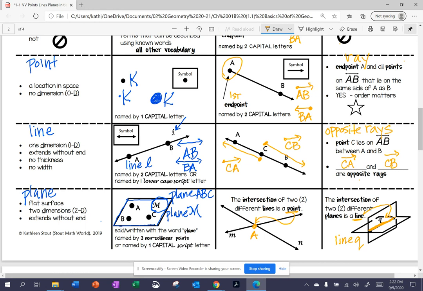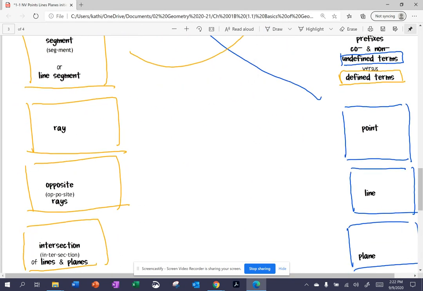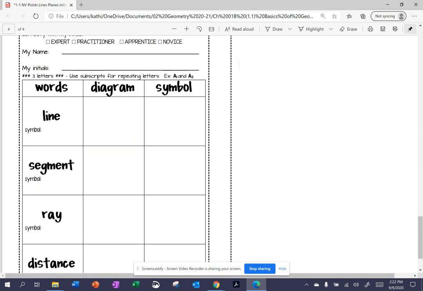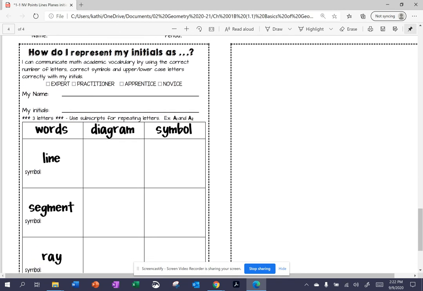Okay, so let's do an assignment with our own initials. How do I use these to name my own initials? I want you to put your first name and your last name.